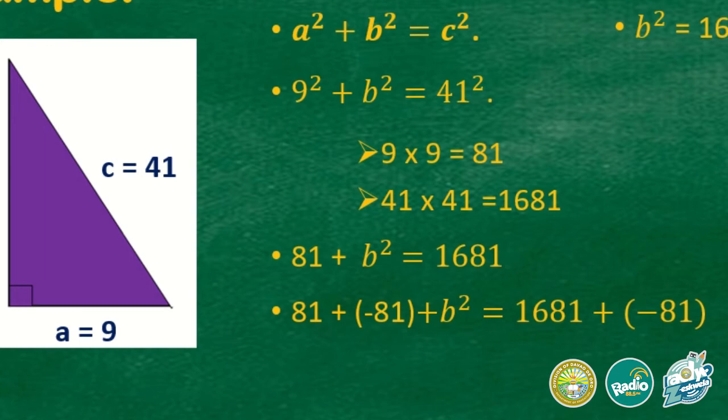To eliminate the exponent 2 of b, find the square root of both sides. The square root of 1,600 is 40. Therefore, the value of b is 40.